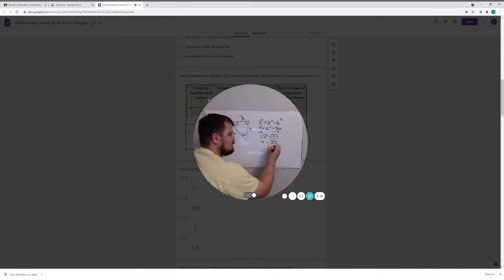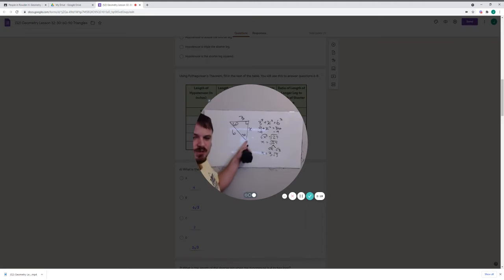So here's what we need to do. So square root of 9 is 3. And then square root of 3 doesn't go anywhere. So that's what we have right there. So right here it's 3 root 3. Okay, pause it if you need to see this work because I'm about to erase it.